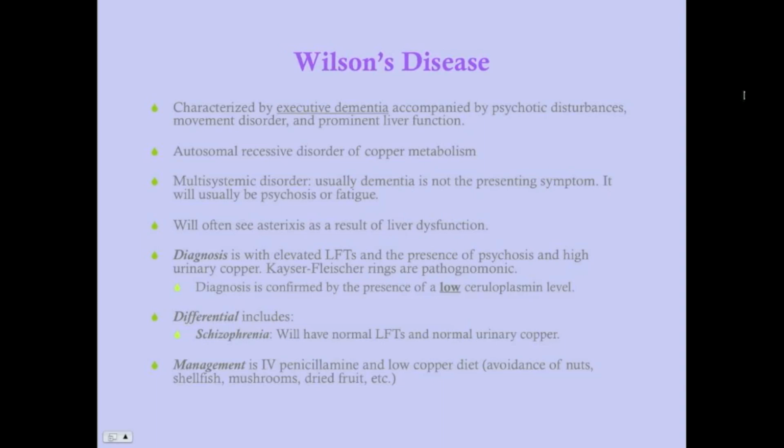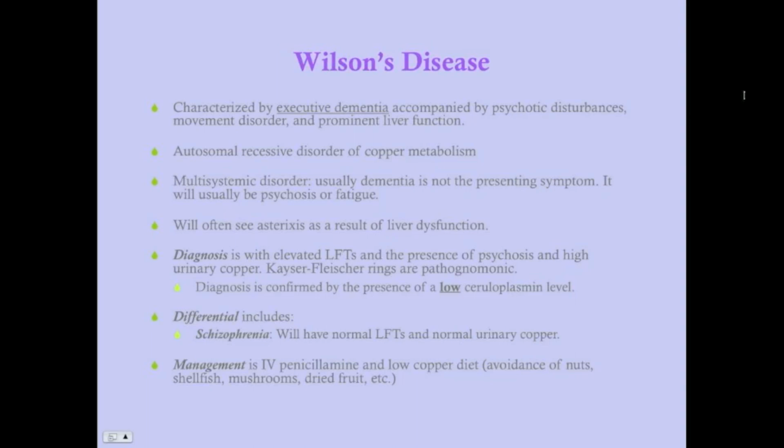Kaiser-Fleischer rings are pathognomonic for Wilson's disease. So if you see a picture of a Kaiser-Fleischer ring, as I'm sure you remember from step 1, immediately Wilson's disease is what you think of. The diagnosis is confirmed by the presence of a low ceruloplasmin level. And of course, anytime a patient has psychotic symptoms, you're going to want to differentiate schizophrenia. And schizophrenia patients are going to have normal LFTs in most cases.